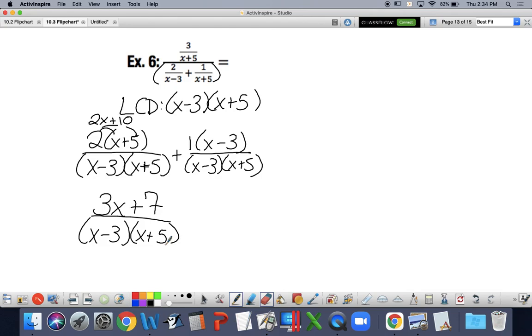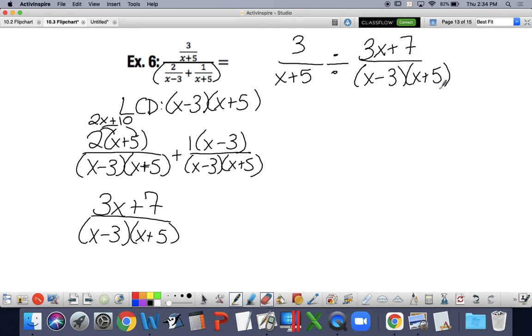I know the fraction I'm working with, so I'm going to go back to our original equation. We haven't even done this part yet. So I've got to take that first fraction, 3 over x plus 5, divided by 3x plus 7 over x minus 3 times x plus 5.